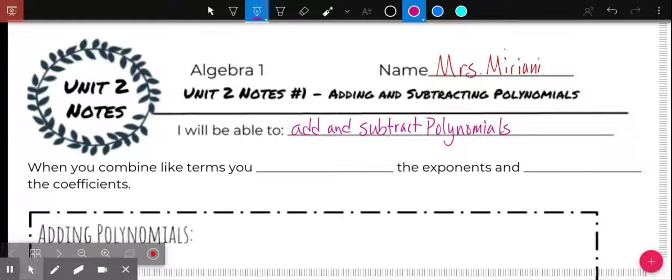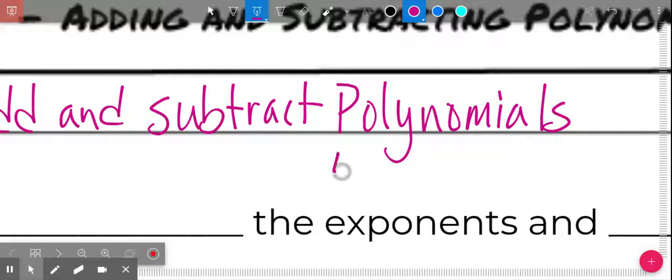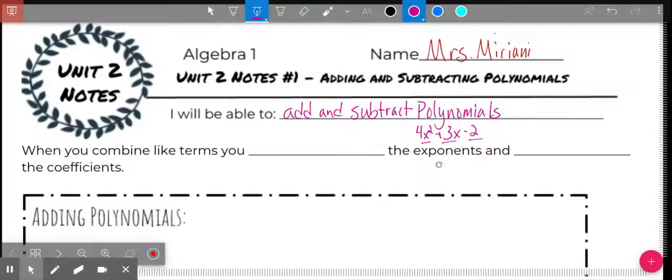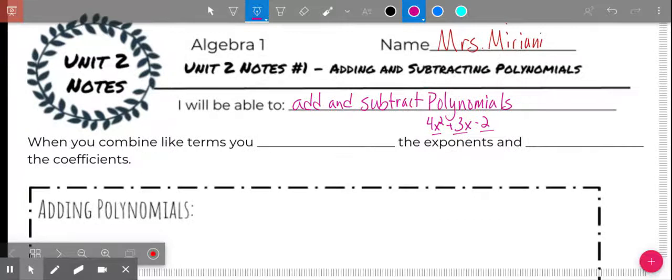So remember, a polynomial is like, for example, 4x squared plus 3x minus 2. So it's a list of terms separated by addition and subtraction signs. So that's what we're talking about when we're talking about polynomials. Okay, so just a quick reminder about combining like terms. We've talked about combining like terms when we dealt with solving equations, so very similar.